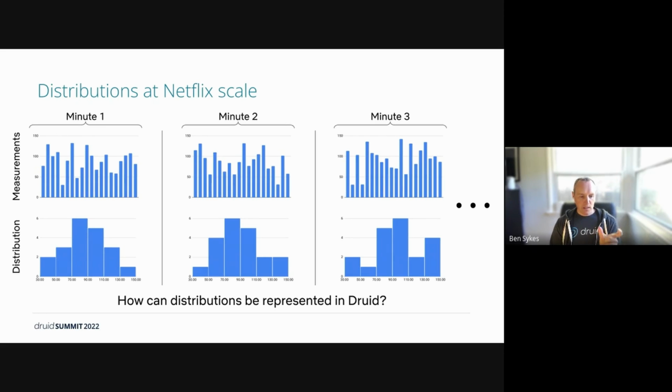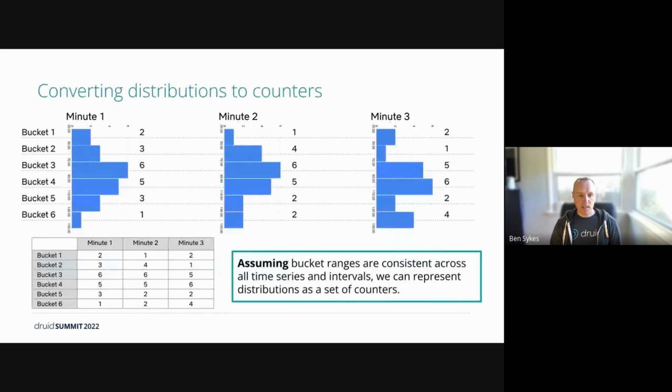By turning them into these buckets, we can then represent them in Druid relatively easily. So we do this by converting these distributions into counters. So we take that histogram, that distribution, and we say that, for example, minute 1 here, 2 of the samples are in bucket 1, and I'll explain what the buckets mean in a moment.